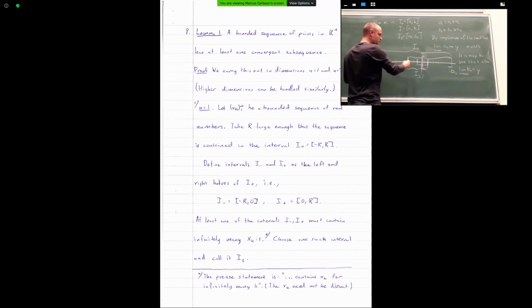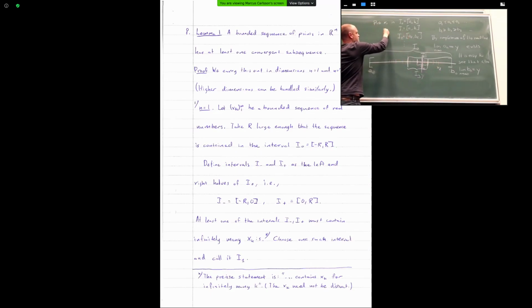Then for the subinterval I1, we do not know if we can pick x2 in here, because x2 might be over here. Also x3, x4, x5, x6 might be in here. So maybe we have to wait until 7 before we find a point in here. But there are infinitely many points of our sequence in this interval. So if we're just patient enough, we can pick one. So let's say x7 is somewhere here. This guy is x7.